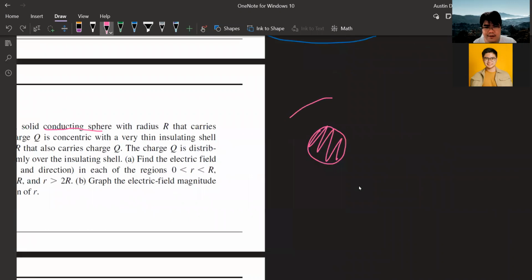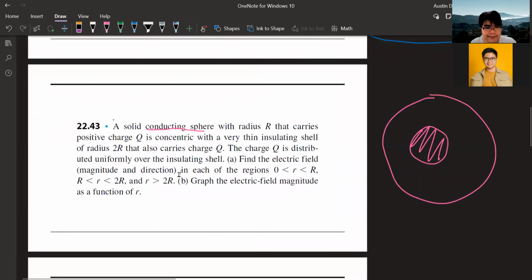Yung charge Q ay distributed raw sa insulating shell. Then we are asked to find the electric field in each of the regions, 0 to R, R to 2R, and greater than 2R.